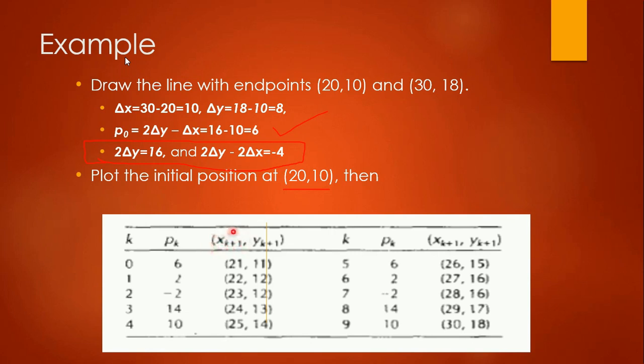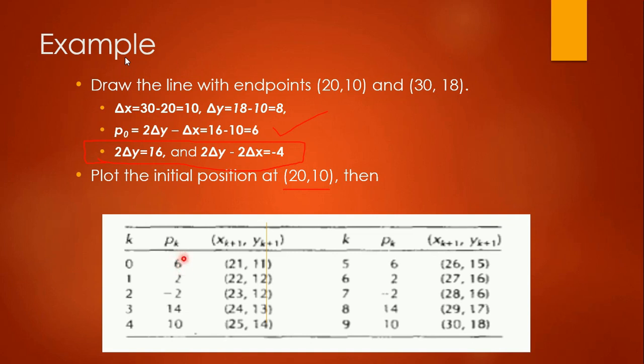And if pk is greater than 0, or positive, we are going to increment both the x value and the y value. You have to keep that in mind. Now the decision parameter we got, pk, is greater than 0, so it is positive.